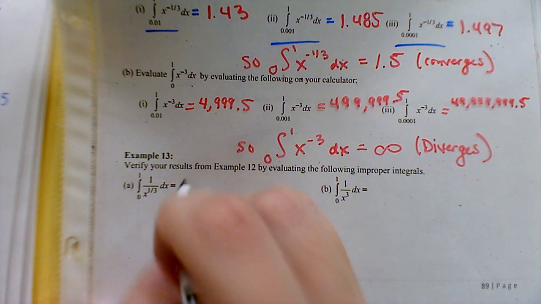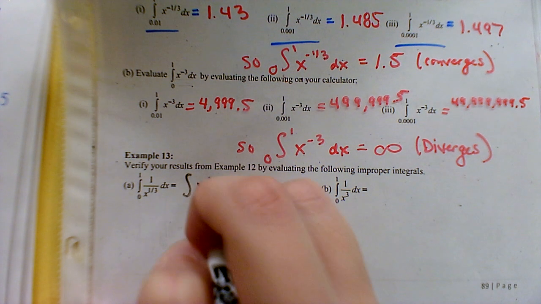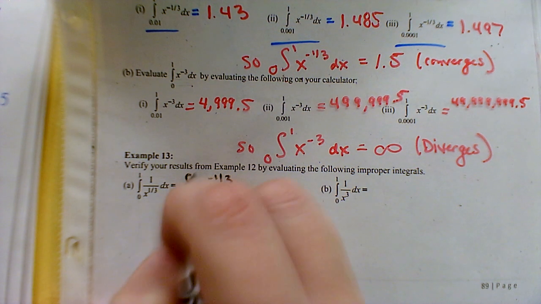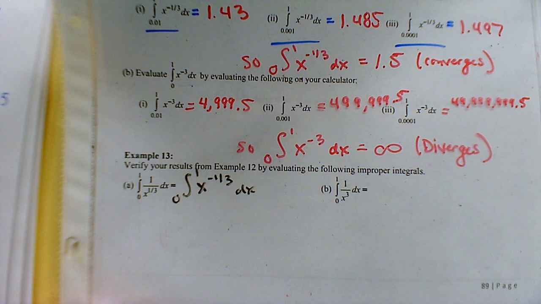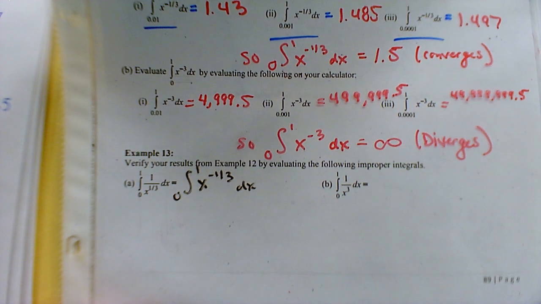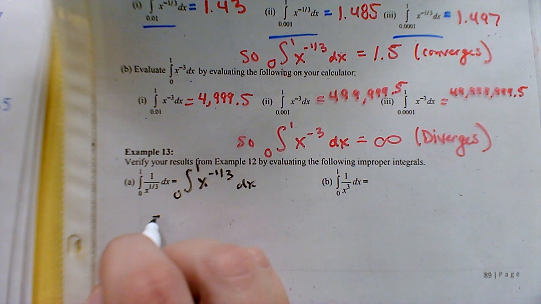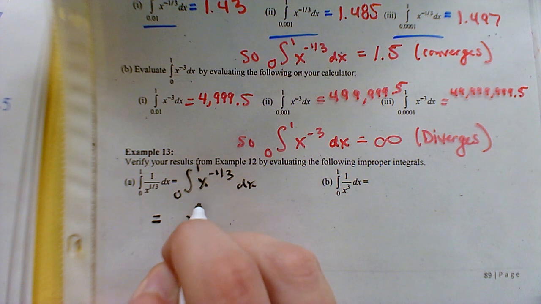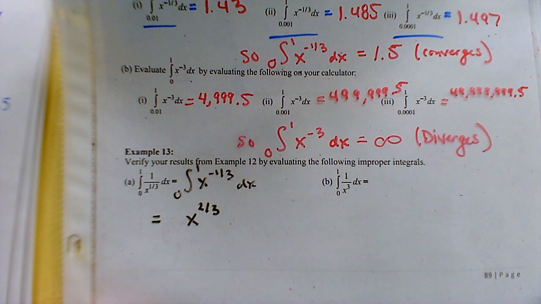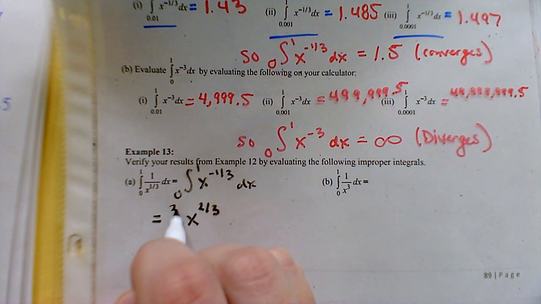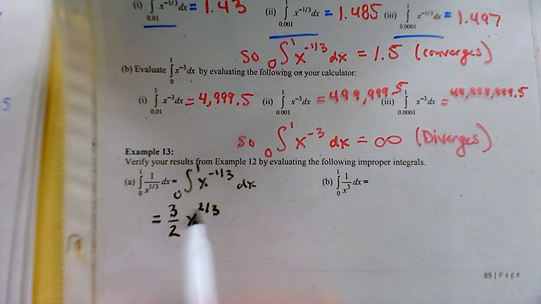So if we thought about just rewriting this as that negative power, let's go ahead and work backwards. We can use our reverse power rule. If you add 1 to the power, we'll have x to the 2/3, and then divide the coefficient by that new power. So we get 3 over 2.